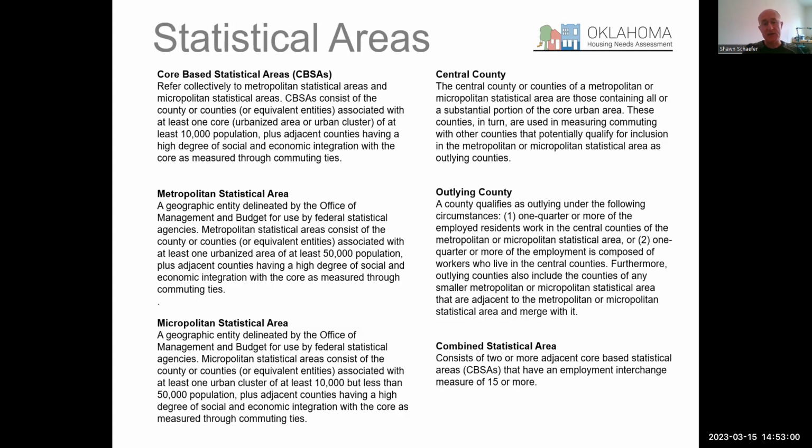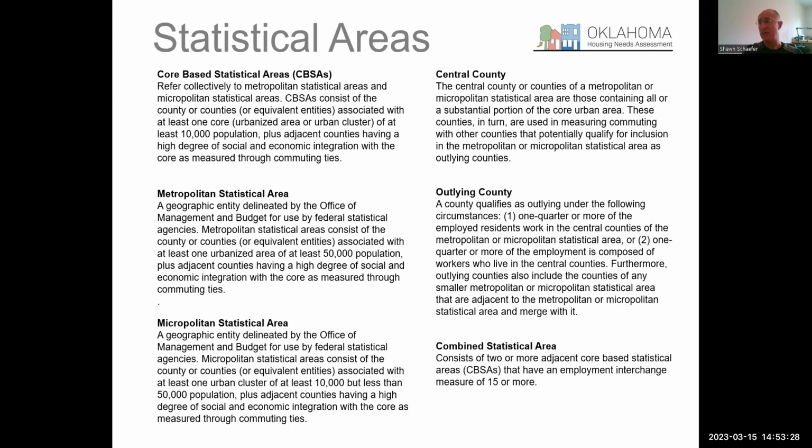The last thing I'll mention is they also sometimes combine statistical areas where there's an employment interchange of 15 or more. I'm not exactly sure how they calculate this employment interchange measure, so the number 15, I don't know what that means, but basically what it means is you have some core areas that are close to one another, and they're interacting together.